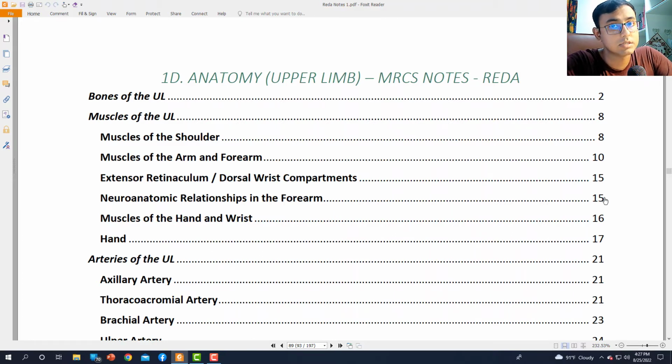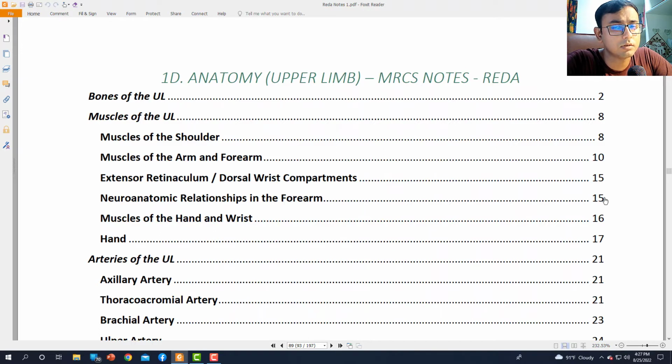First we must know that in the textbook, I already said there is no need to go through any textbooks, because textbooks are very vast, very wide knowledge, usually made for anatomy postgraduate students, not for surgeons.